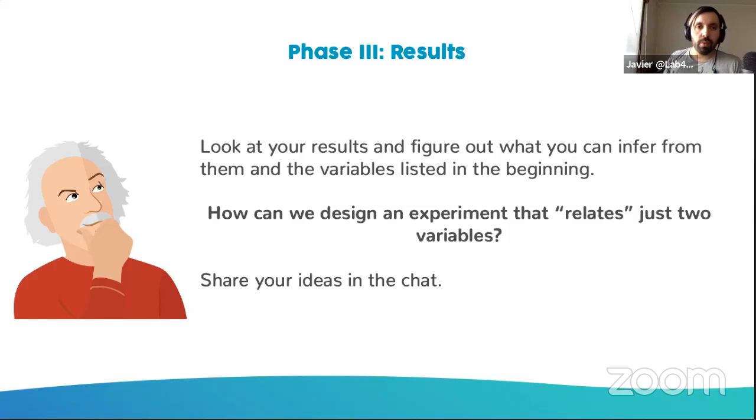Perfect. So the variables that we listed in the beginning, now we have to relate two variables of those. We have to imagine how an experiment would be that could figure out if those two variables are in fact related. And that is not a simple task. That entails creativity, to evaluate, and discern a lot of different options.